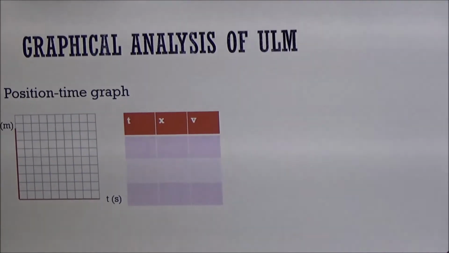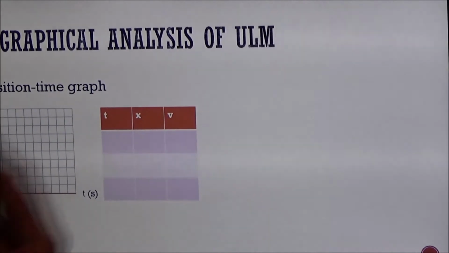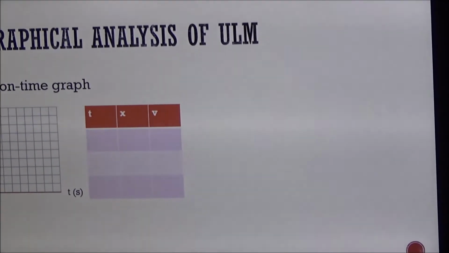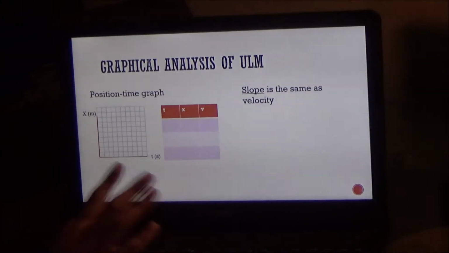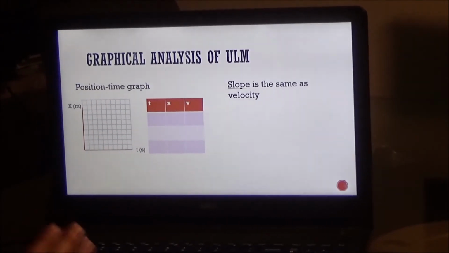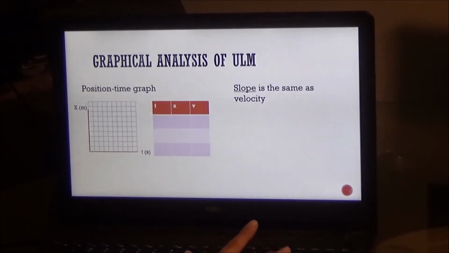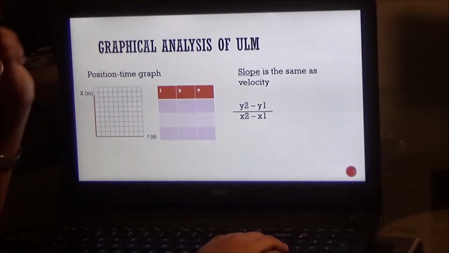Remember that the position is represented by meters and the time by seconds. And here we have a table that we will use. We have to remember that the slope is the same as velocity, so don't confuse them. Here is the formula to solve the slope.